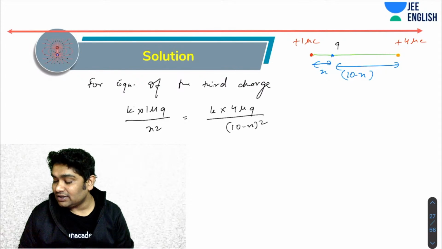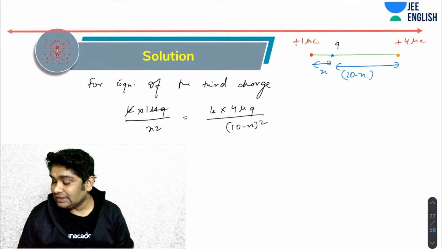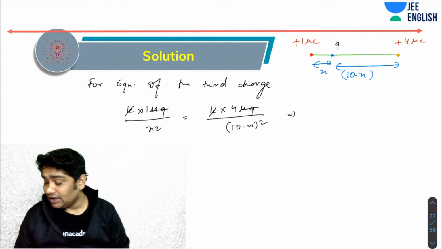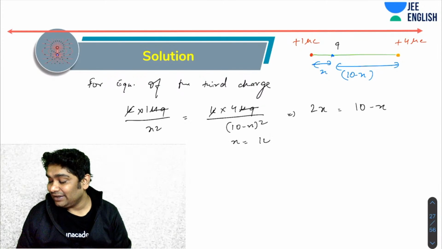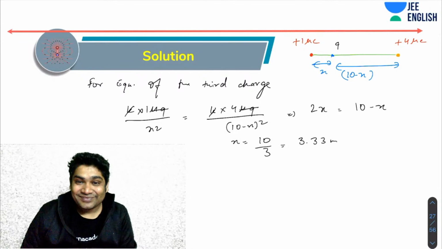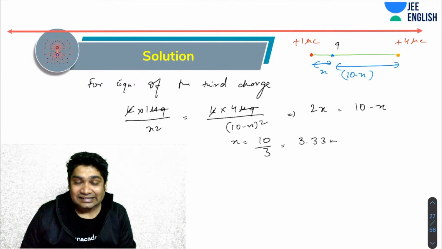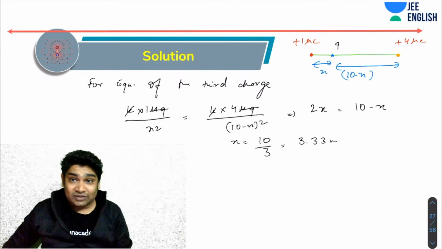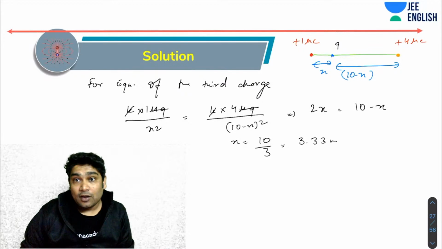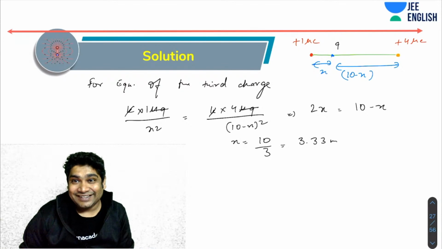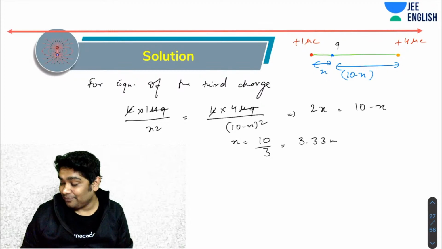Okay, so you realize this and this will get cancelled, and what you realize is that 2x equals 10 minus x, so x is 10 by 3. So that is correct. Okay, so 3.33 meters from the charge of 1 microcoulomb, and 20 by 3 from the other charge. 10 by 3 from one charge and 20 by 3 from the other charge.